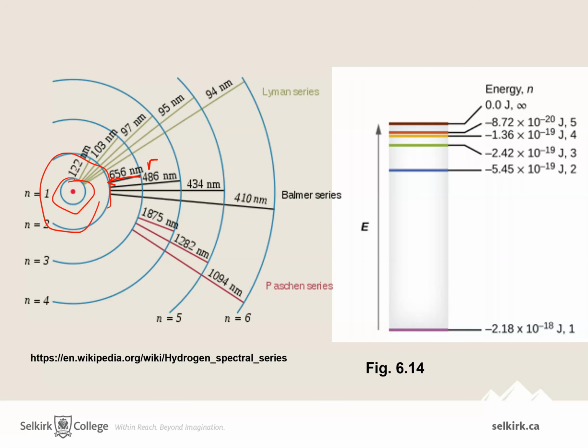We could do more calculations. When we go from the fourth energy level to the second energy level, that will turn out to be the blue-green line in your spectrum. From the fifth to the second, that's the blue. From the sixth to the second, that's the violet.